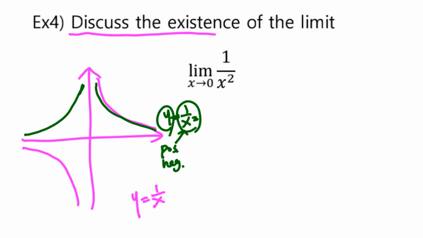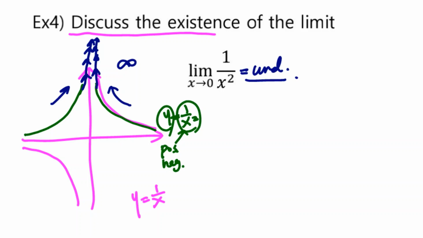In this case, right hand side, left hand side, I think it's going to have the same value, but the thing is, it goes up and up and up infinitely. So we can't really define it because it's going to be infinity. So it's like undefined, right? So when you cannot define the limit, we say that the answer is DNE. We say that the limit doesn't exist because we can't define it.